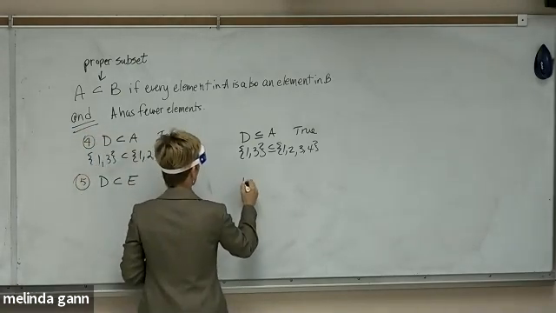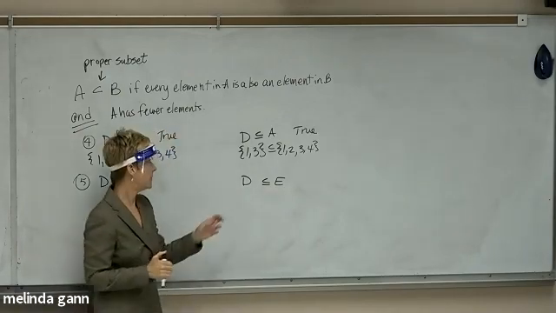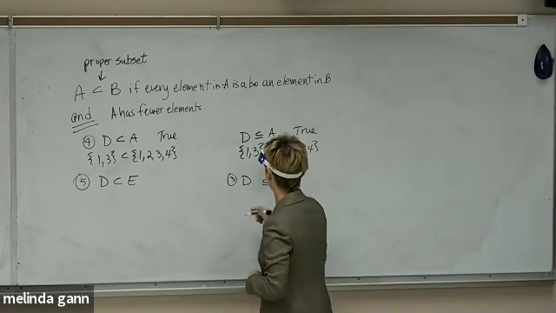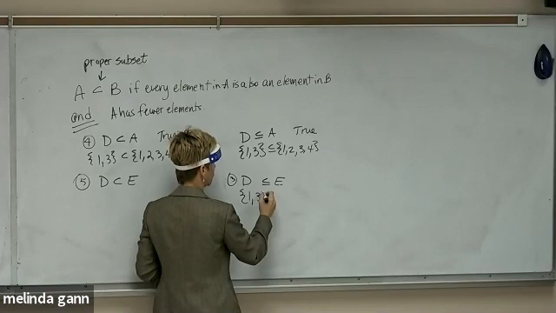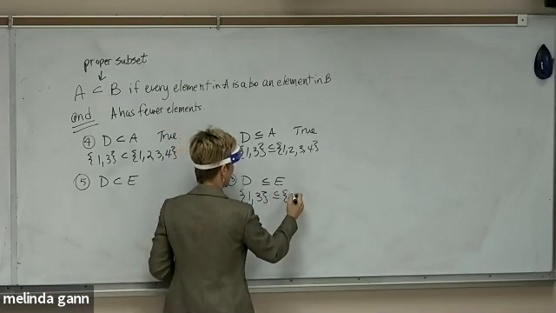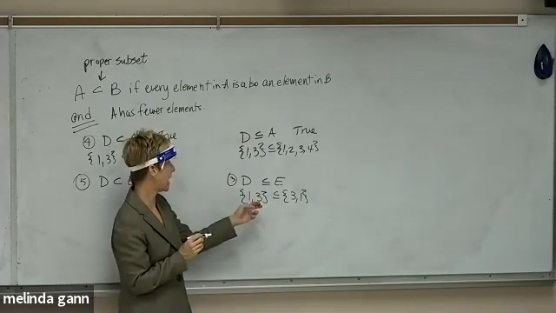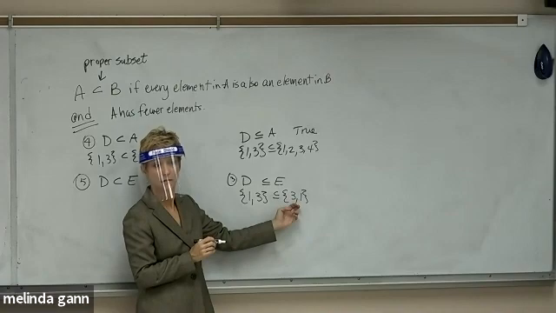You already checked this one a minute ago. A minute ago on number 3, you checked to see if D was a subset of E. And D had 1 and 3, and E had 3 and 1, didn't it? So what did you say on subset? Is D a subset of E? Yeah.